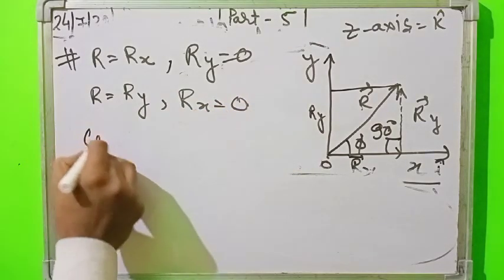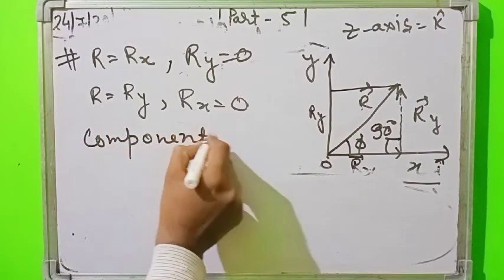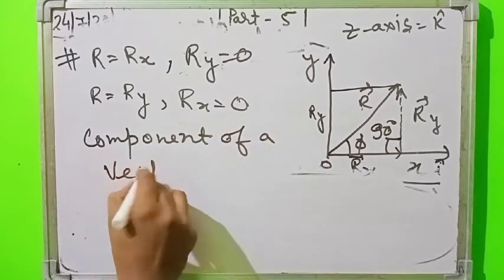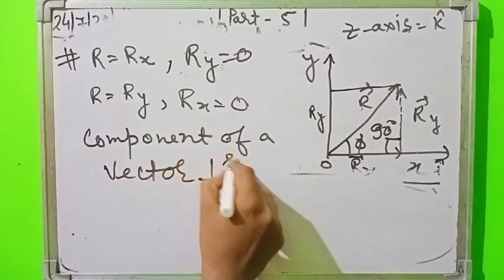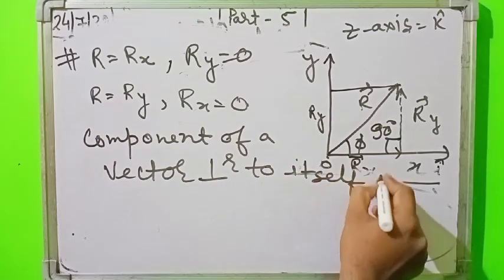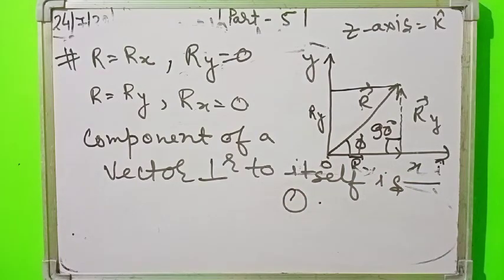So the component of a vector perpendicular to itself is 0.